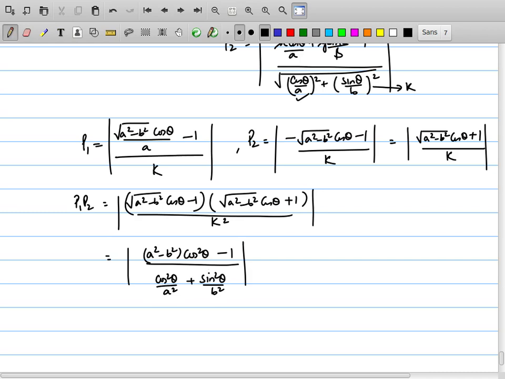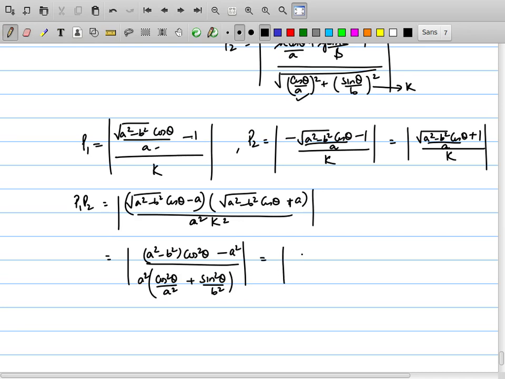Now this would be upon a square, and this would be upon b square. So therefore this will take LCM, therefore it becomes a square b square. This will be taken as LCM, and a into a will become a square.